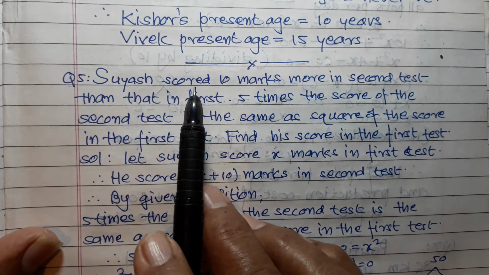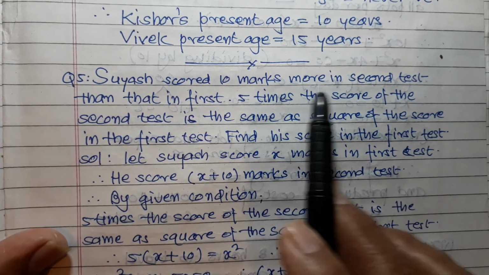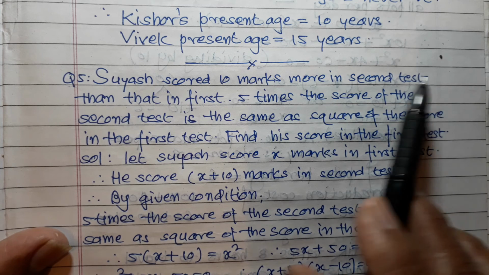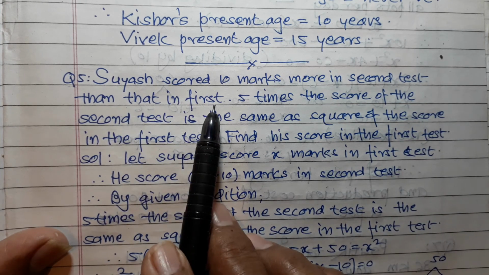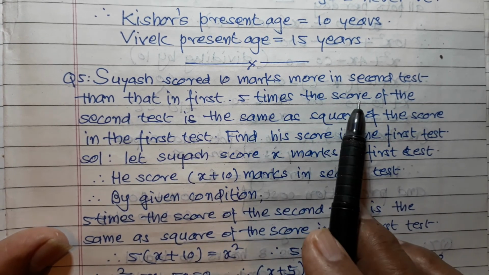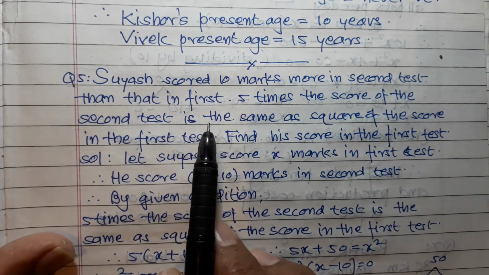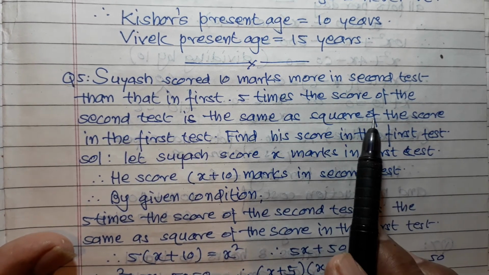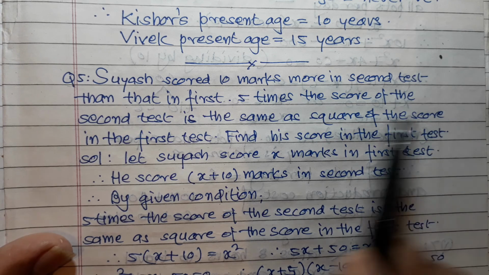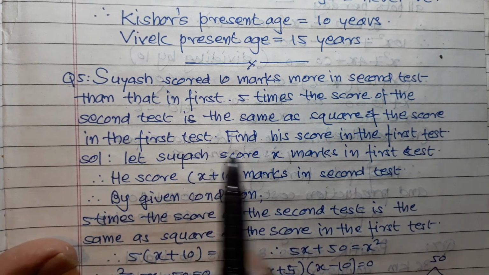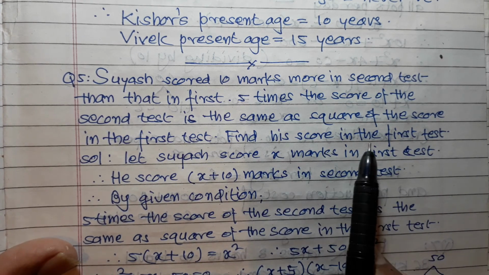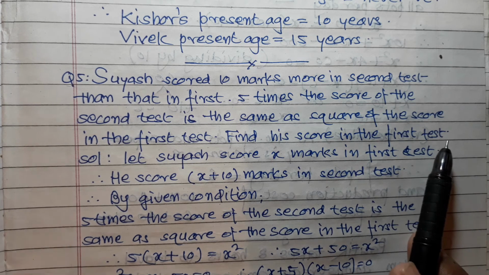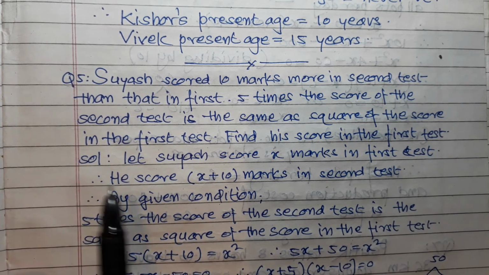Suyash scores 10 marks more in the second test than in the first. 5 times the score of the second test is the same as the square of the score in the first test. Find his score in the first test. Solution.